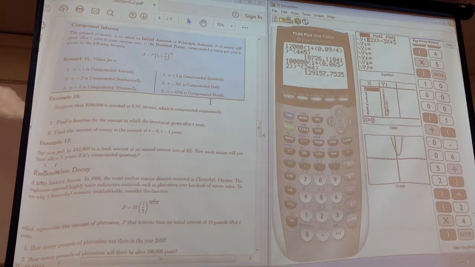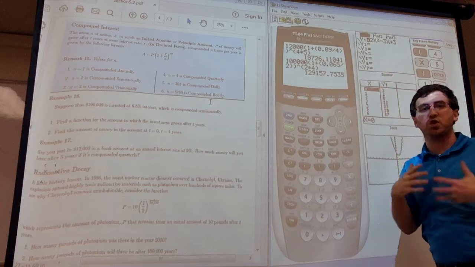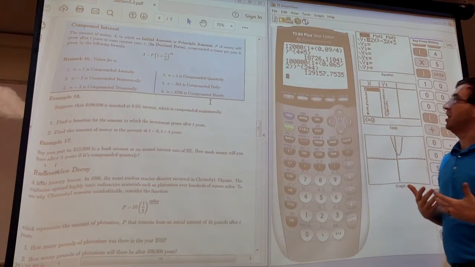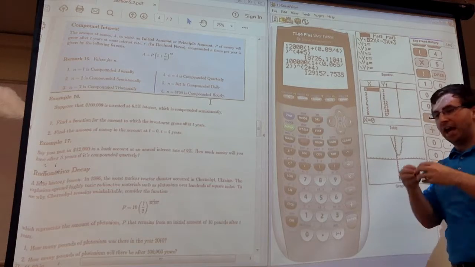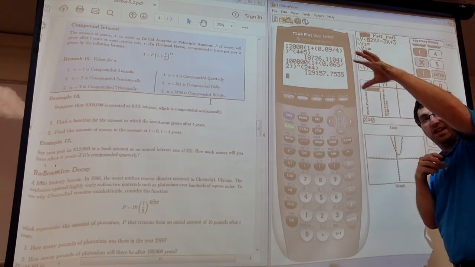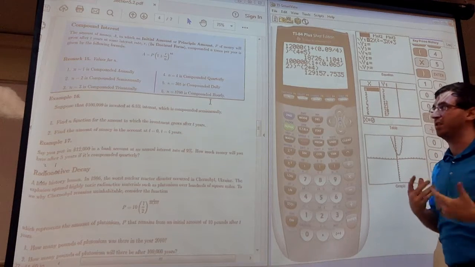The bottom line, when you're using your calculator, make sure to put in your parentheses. Make sure to group, because you have to speak calculator on these. You've got to tell the calculator, hey, I only want to group this together and not this and this. Parentheses are your best friend when you're using the calculator.